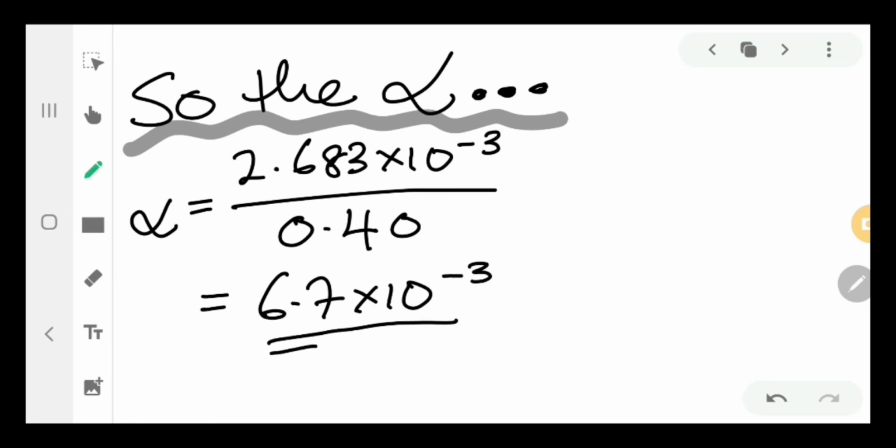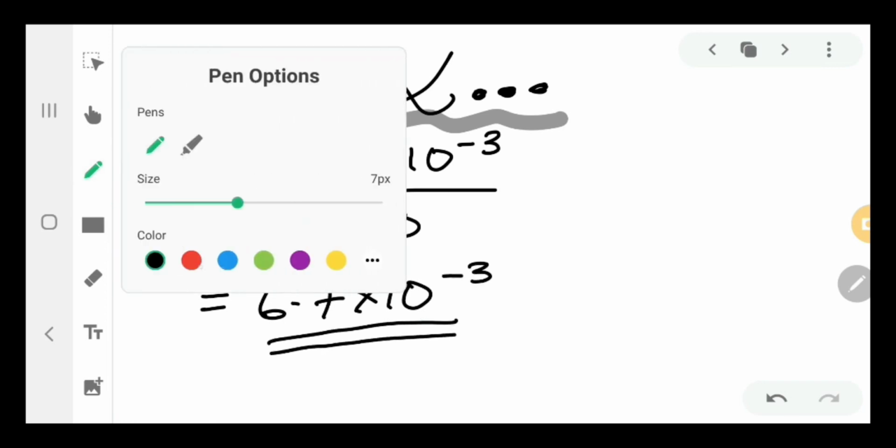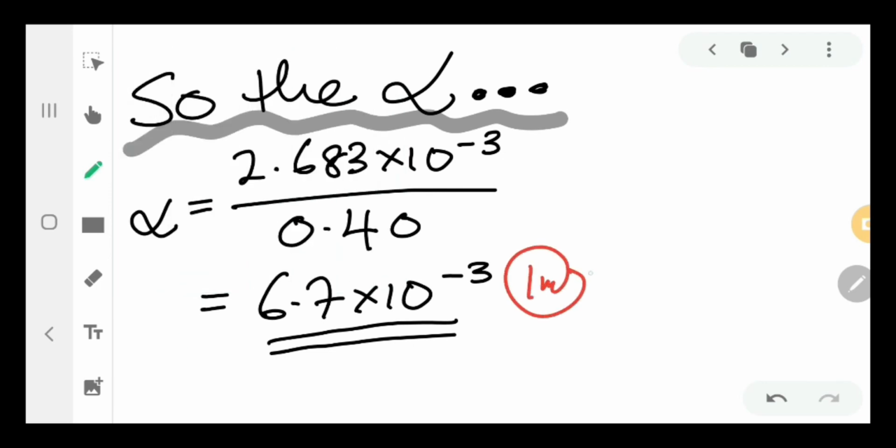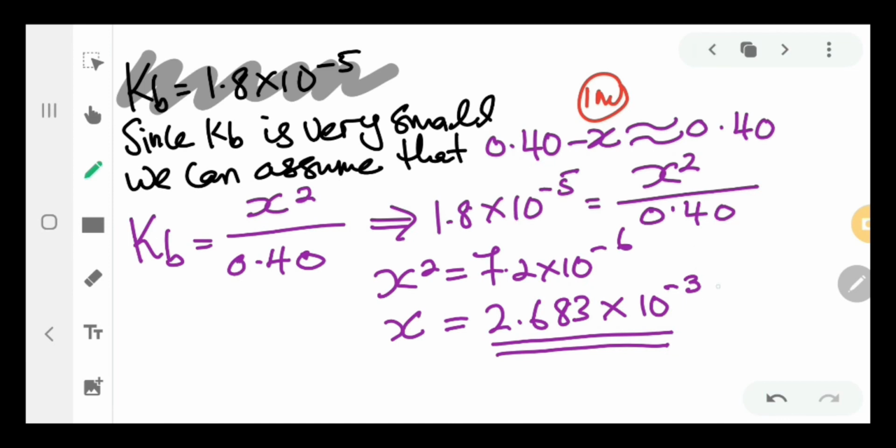So this is the degree of dissociation. So you have 1 mark right there, 1 mark right there, and also 1 mark right there for the value of X.